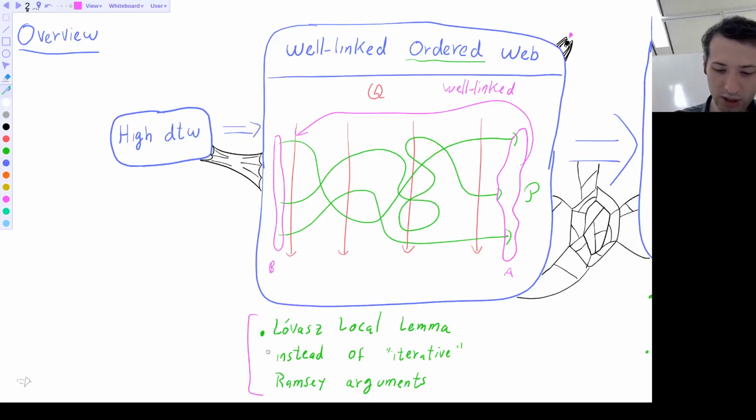However, there they use an iterated Ramsey argument, and in order to obtain an elementary bound, we managed to replace this iterated Ramsey argument by an application of the Lovász local lemma. This allows us to bring this step down to an elementary function, and that's the starting step towards the grid theorem.